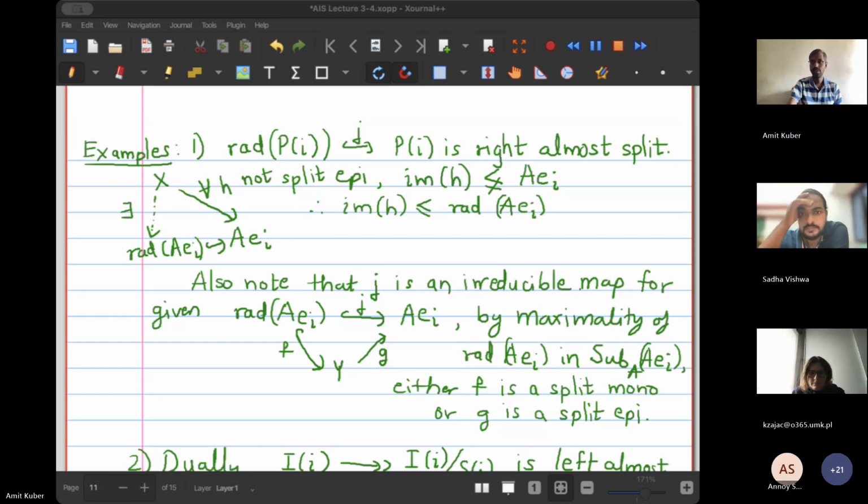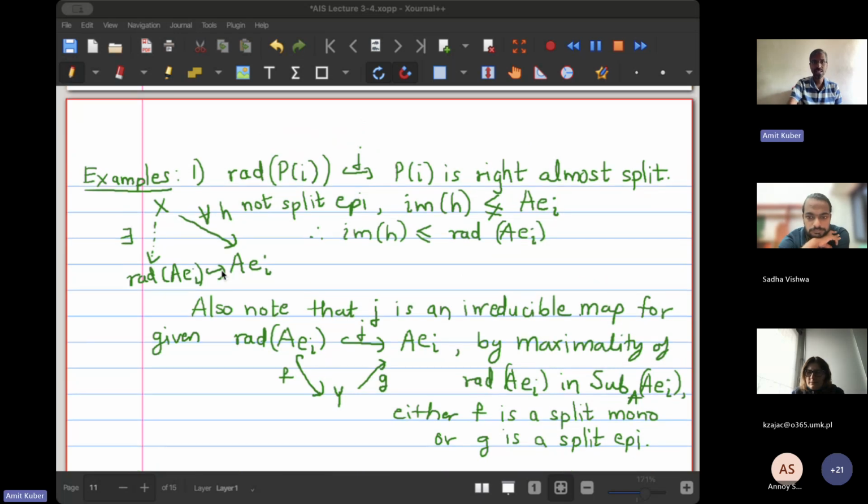So done. So the inclusion of the radical of a projective inside the projective is an example of an irreducible morphism. So you have got several examples now. However, at this point, you should also notice that the radical need not be indecomposable.